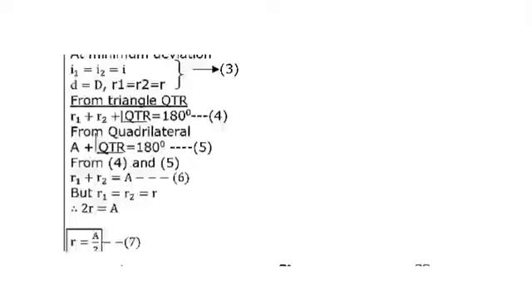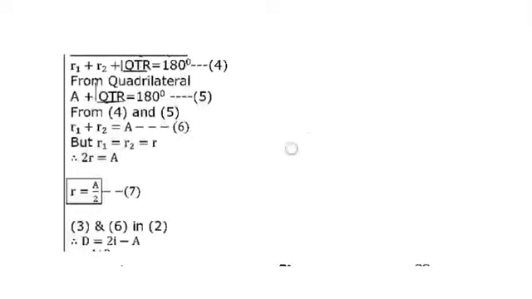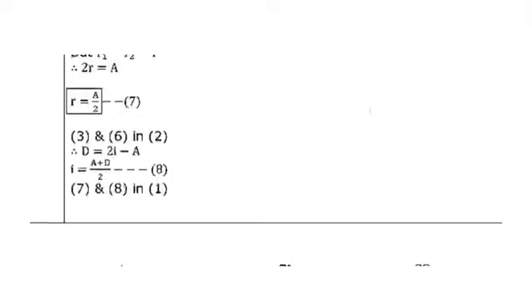Remaining is r1 plus r2 is equal to A. And in equation 3 we already wrote that r1 is equal to r2, which is equal to r. So I'll substitute r in place of r1 and r2. So I get r plus r is equal to A. r plus r is 2r. 2r is equal to A. Again I rearrange that equation: r is equal to A by 2. Consider this one as equation 7.